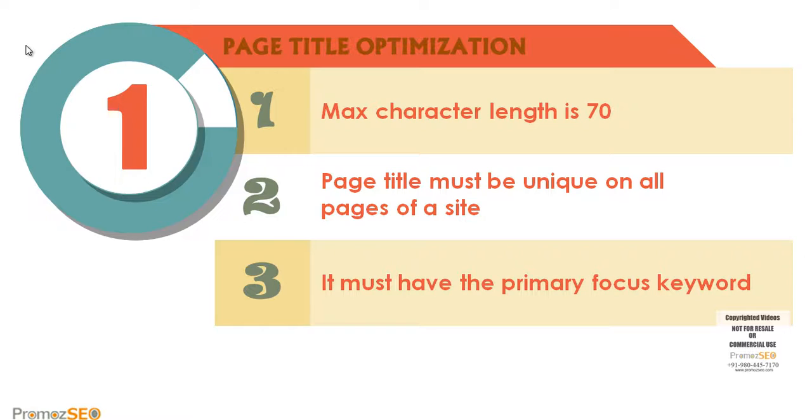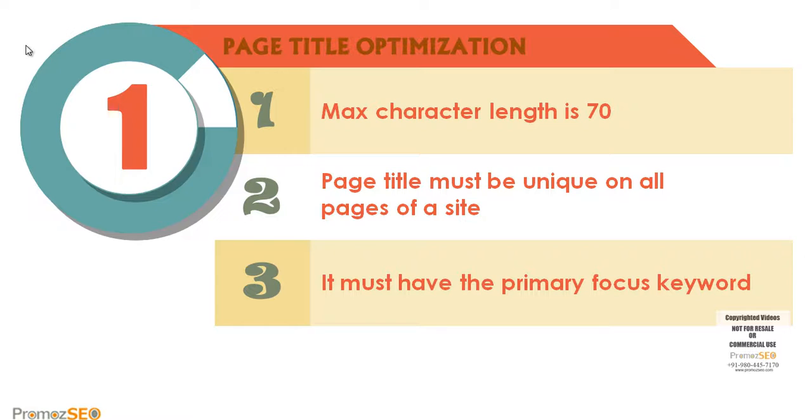So target one primary keyword for each page, and those should be separate from each other. The intent should be different on different pages, and the page title obviously should be different on all the pages of your site.